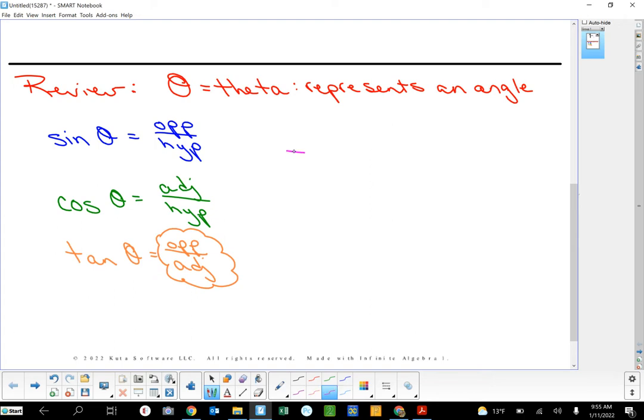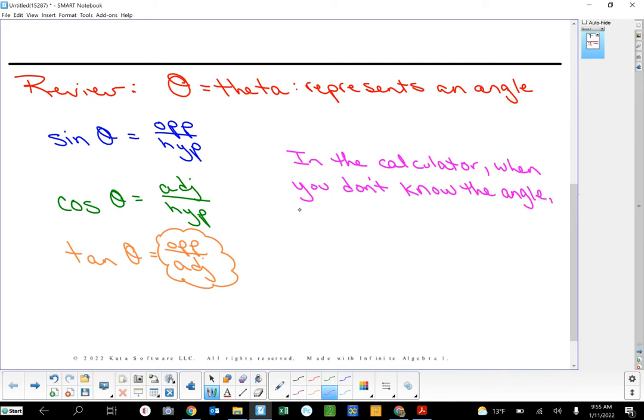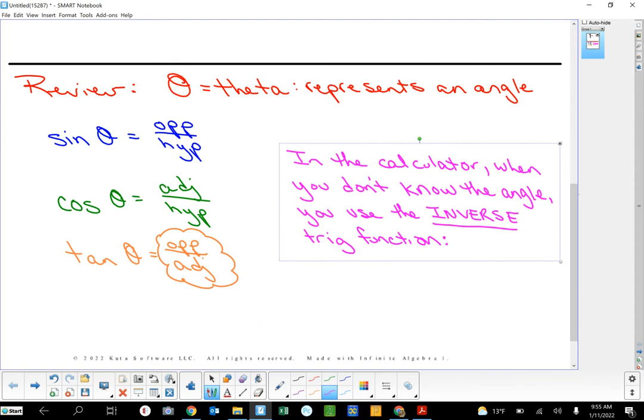And so in the calculator, when you don't know the angle, you use the inverse trig function. And what those look like are this.